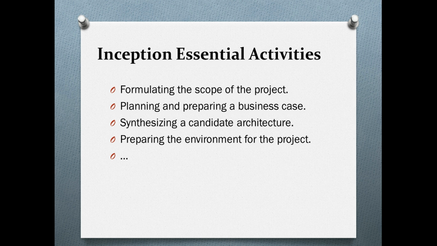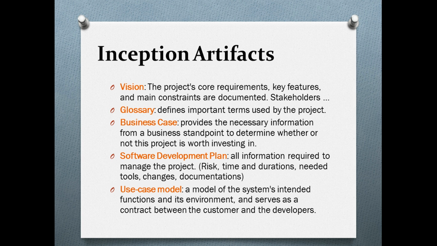So formulating the scope of the project, planning and preparing a business case, synthesizing a candidate architecture, and preparing the environment for the project. These are the main activities we do in the inception phase. What kind of artifacts are we going to get? All these artifacts are also defined in RUP, so you can just get all the templates for this. There is a vision, a glossary, and a business case.